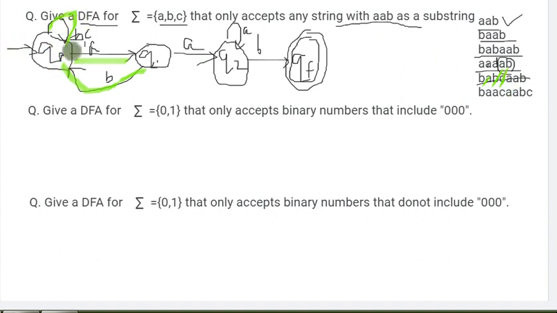C means a loop is there, so it will be in the same Q0 state. What is the next input? A. So Q0 state with A input means Q1 state. Next is A. Q1 state with A moves to Q2 state, and finally B means from Q2 state we have a path, yes, it will be moving to final state. This also works.